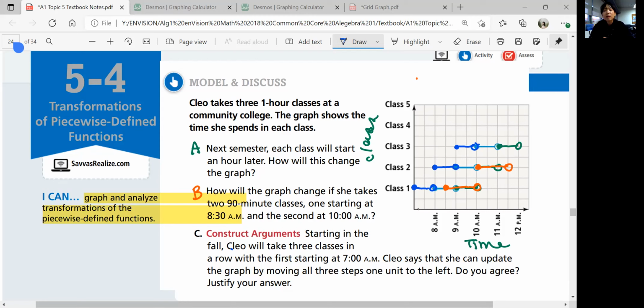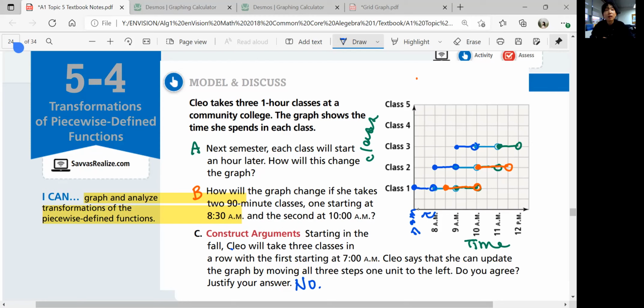No, if she shifts the graph left 1 unit, she's starting 3 classes at 7:30 a.m., because this is 7 a.m., right? That 1 unit represents 30 minutes here. So 2 units would be an hour. So Cleo has to shift each step 2 units to the left to show the classes starting at 7 a.m.